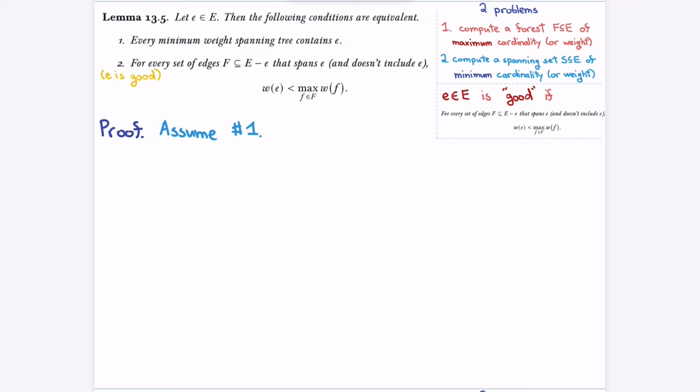Okay. So you're saying suppose, by contradiction, there's a minimum weight spanning tree that doesn't contain E.